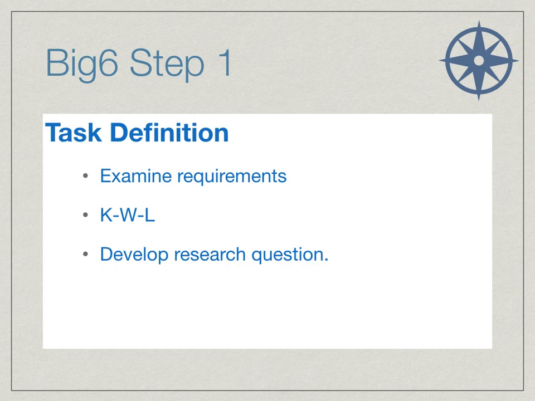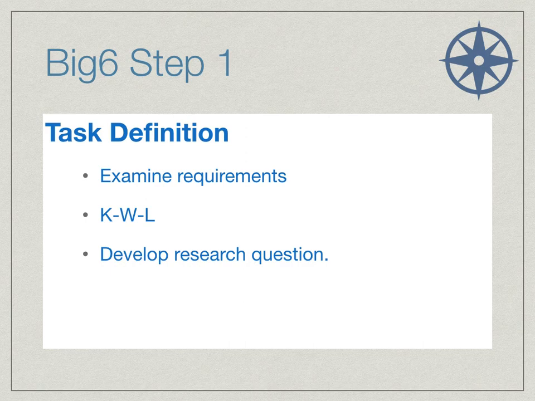So going back through the steps, the first step is where you define your task. This is where you ask yourself really important foundational questions about what you're going to be doing and how you should approach it. So think about what your final product is going to be, if it's going to be a project or a paper. Examine what you know or what you think about that topic already and what you want to know, what you want to learn.